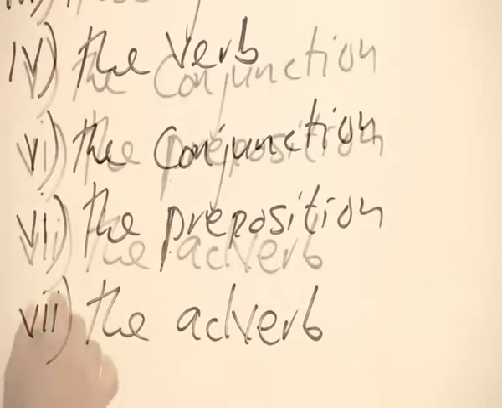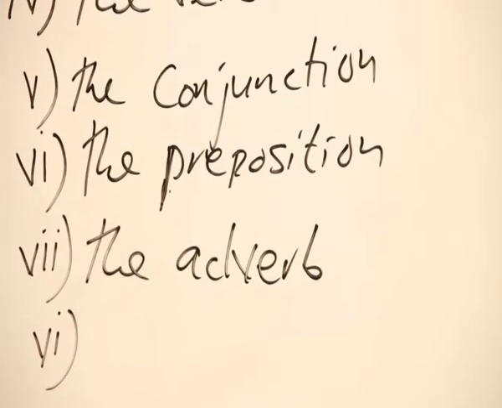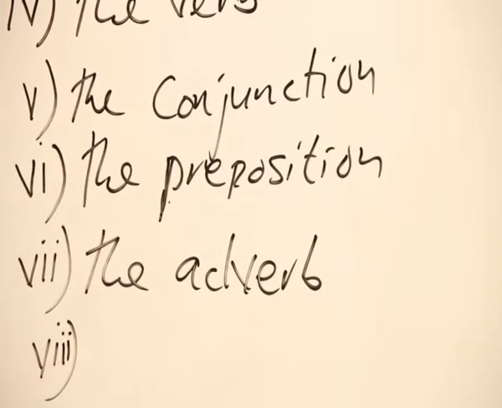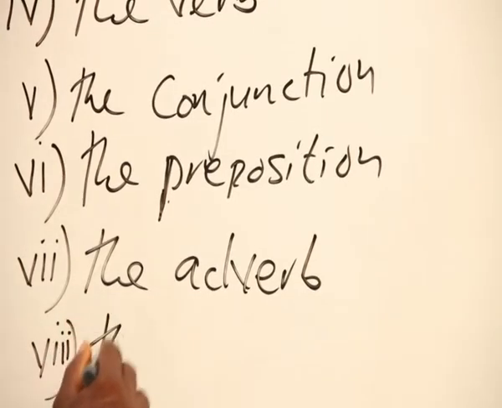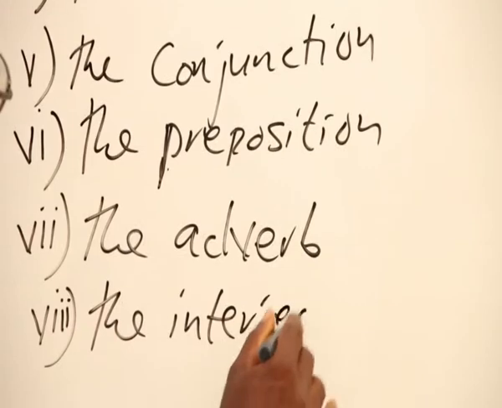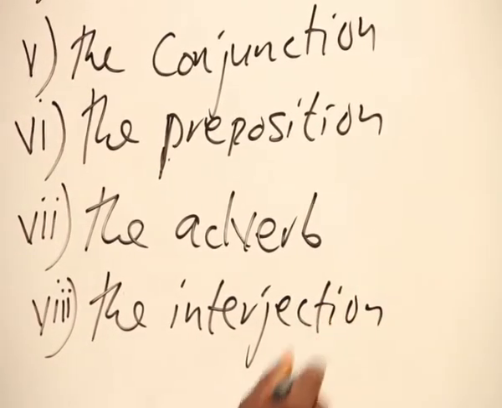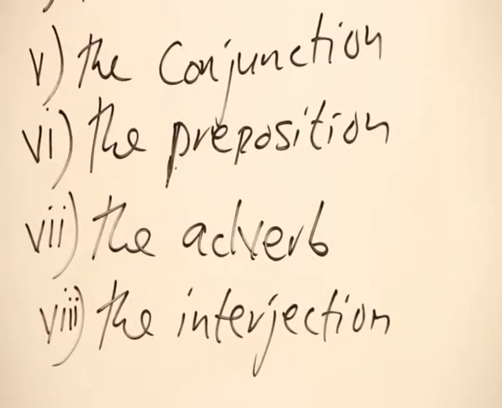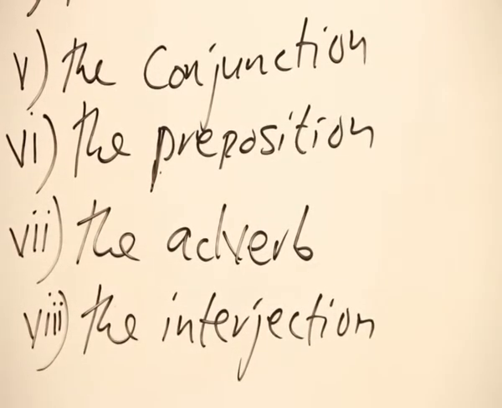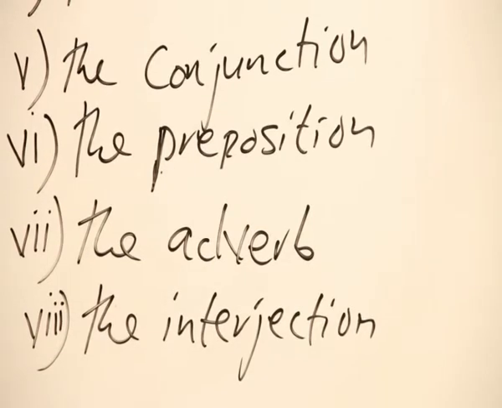Then we'll take the last type or part of speech, number 8, and that is the interjection. The interjection is simply a word that shows exclamation. Oh, how!